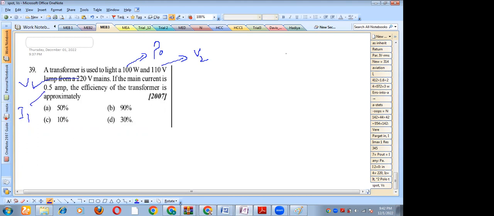So we have to find efficiency. How to calculate efficiency?